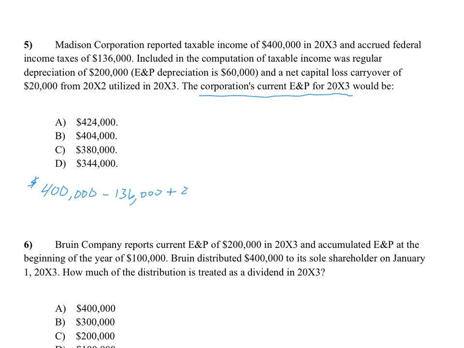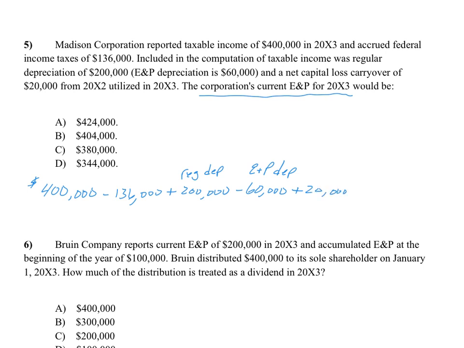So if we add back our regular depreciation and then recognize our earnings and profits depreciation, so this is regular depreciation, and this is E&P depreciation, okay? And then we also know we had a capital loss carryover, so we get to add that back.